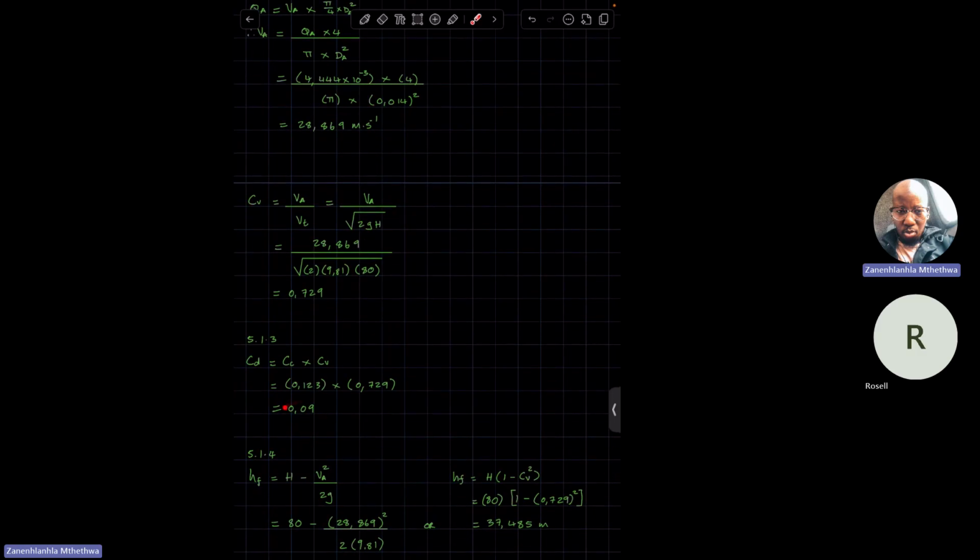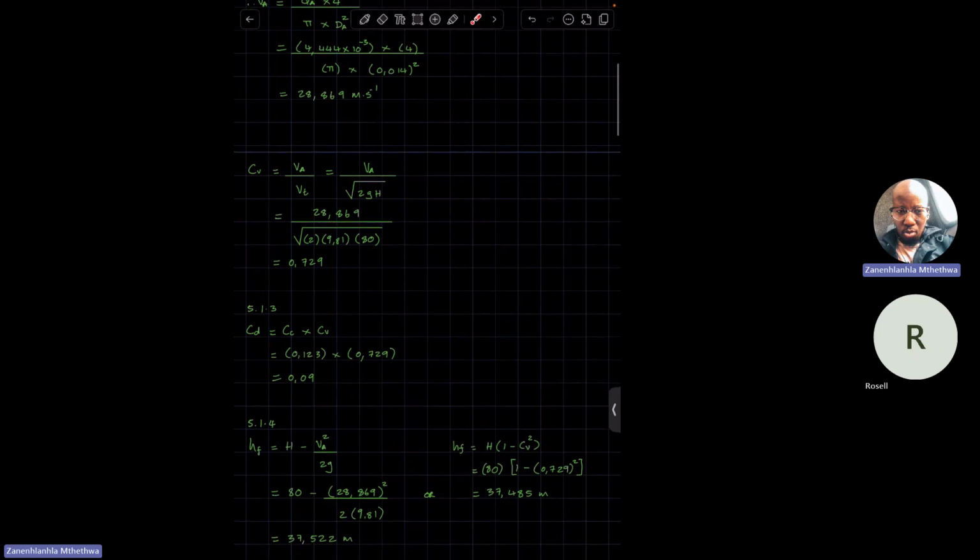So if it happens that you calculate any one of the coefficients and they happen to be more than 1, it means something is off there. They will always be less than 1. Do you get what I'm saying?